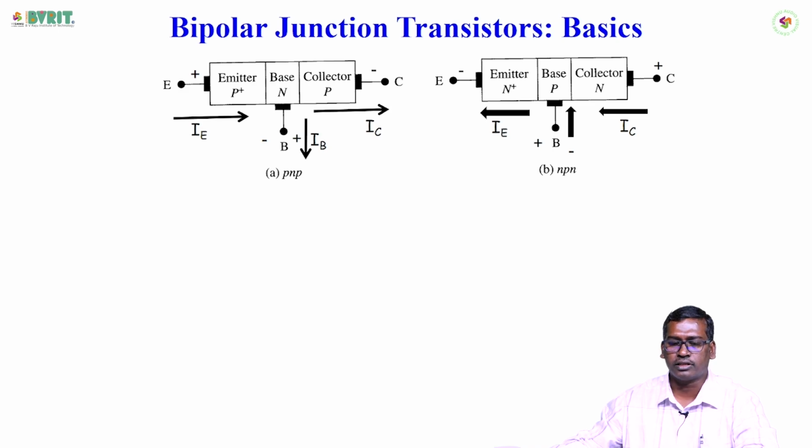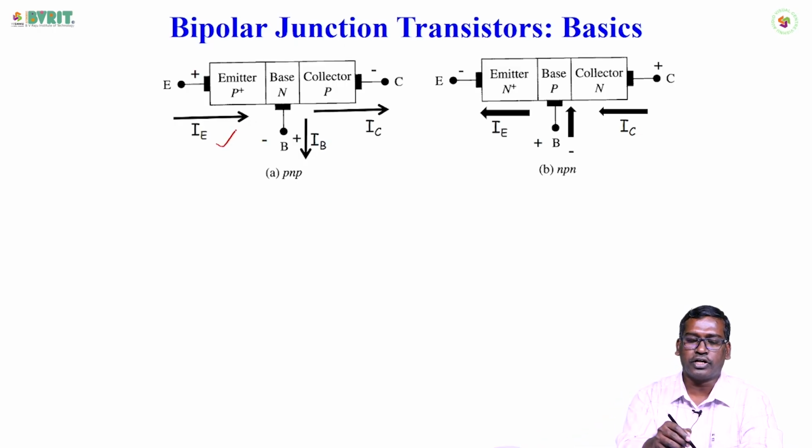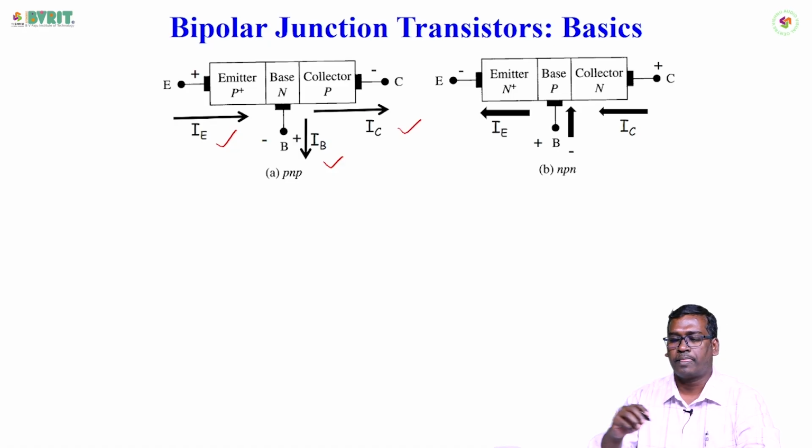Also, the bipolar junction transistor is a current control device. As I told you in the beginning of the slide, it is a control device. Here the current is controlled: the current of two terminals is controlled by the third terminal. You can see that IE is entering, IB is leaving, IC is leaving. This is the PNP transistor.